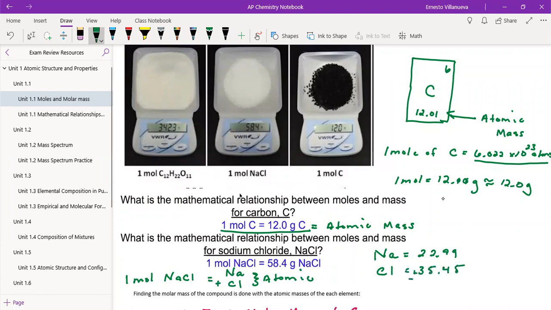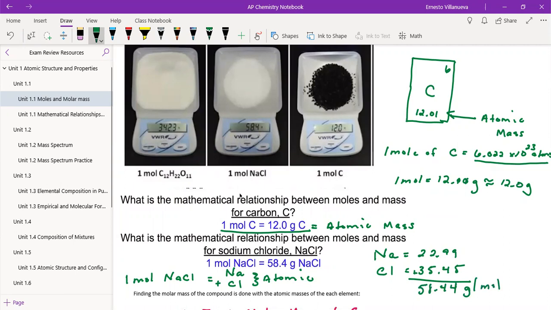If you add those together, 22.99 plus 35.45, you should end up right around 58.44 grams per 1 mole. That's pretty much it.